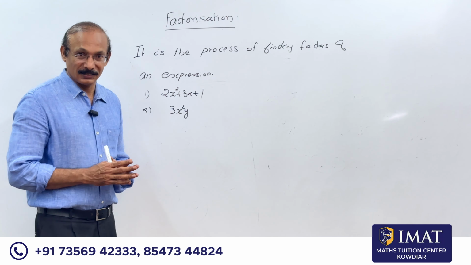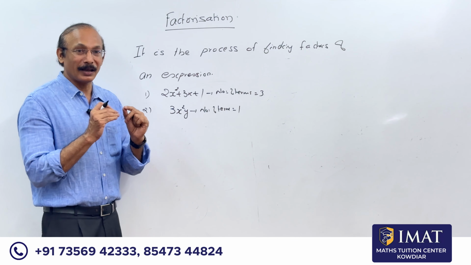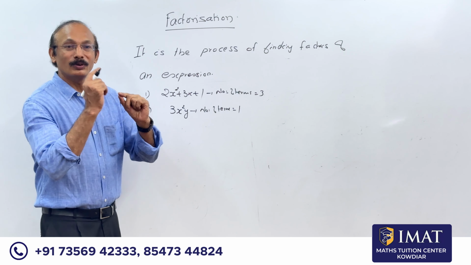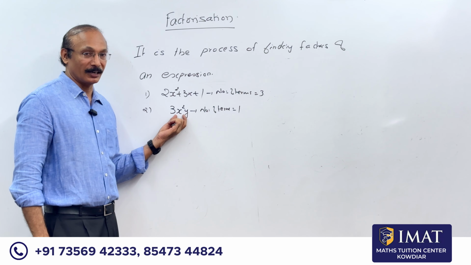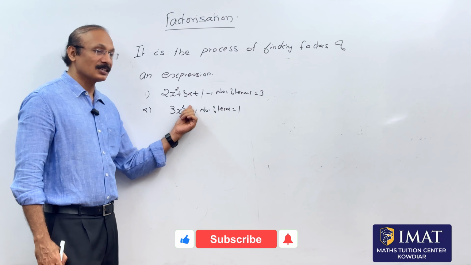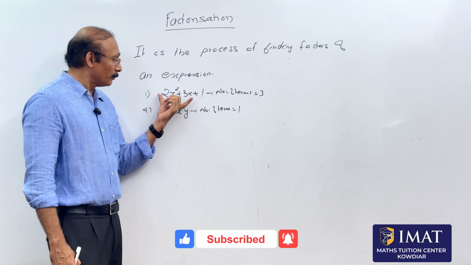Whereas in the other case, the number of terms is 3. When terms are separated by plus or minus sign, you count the number of terms. But when you have multiplication between, it comes out as a single term.